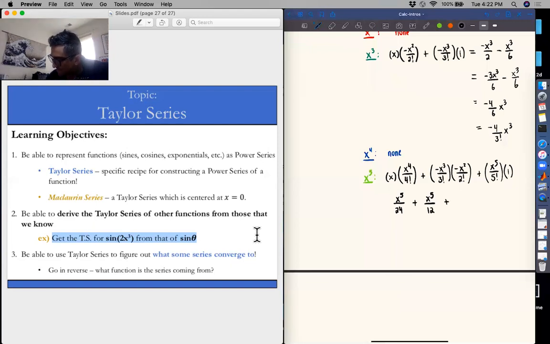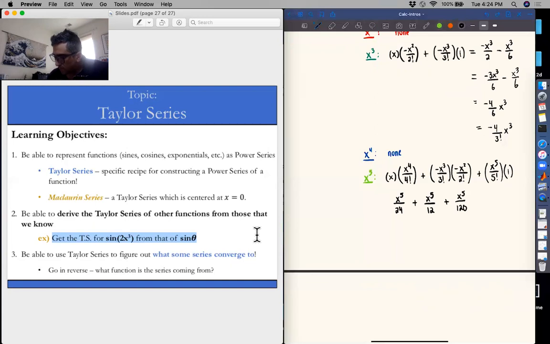And finally, that last term is an x to the 5th over 5 factorial. So that's plus x to the 5th over 120. So if we're trying to find common denominators here, it looks like the common denominator would be a nice 120.